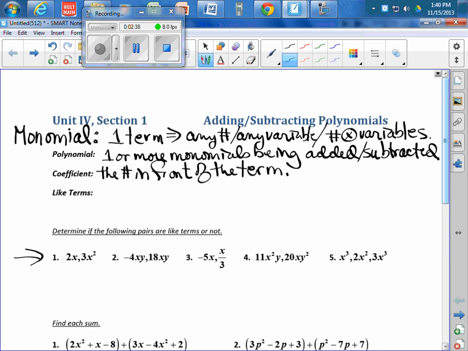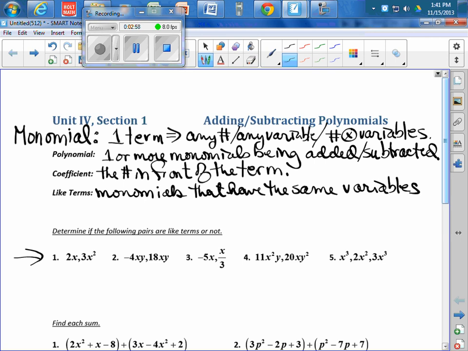And you know what? Like terms are monomials. We've already talked about this to some degree, right? Not monomials that have just any variables, but the same variables with the exact same exponents.